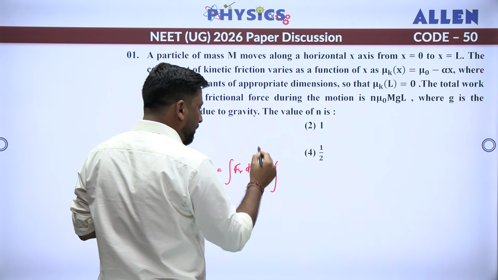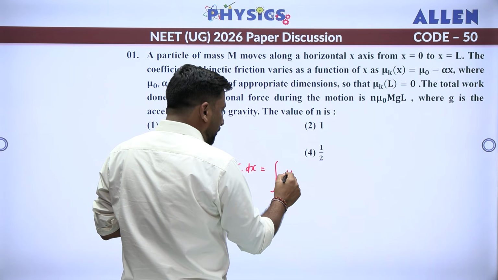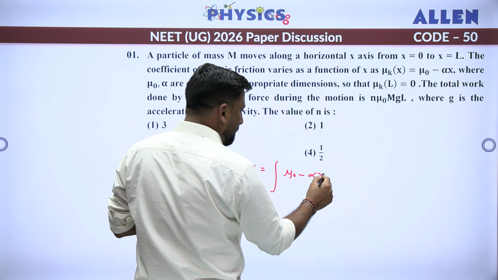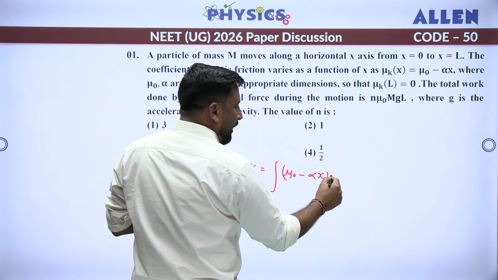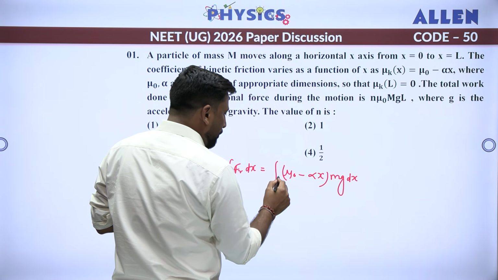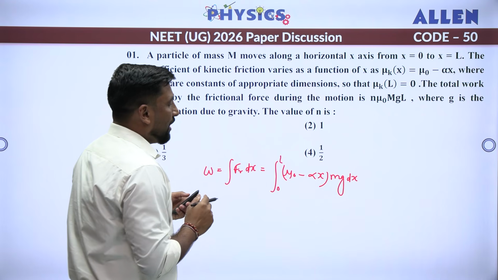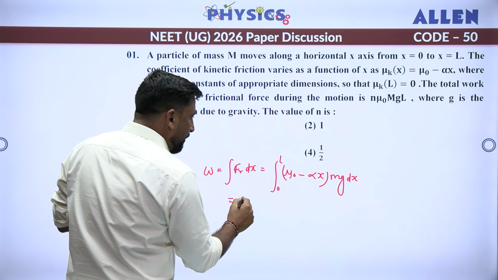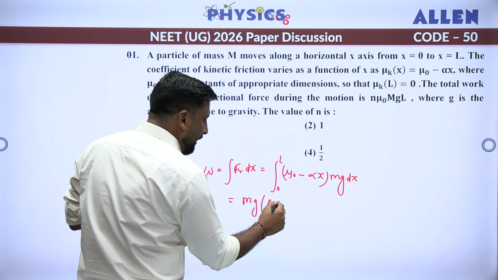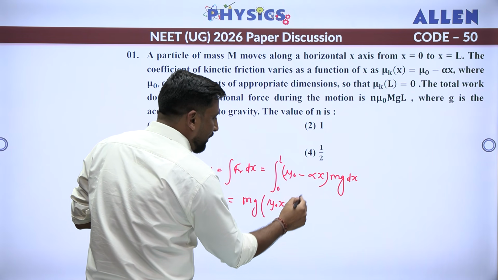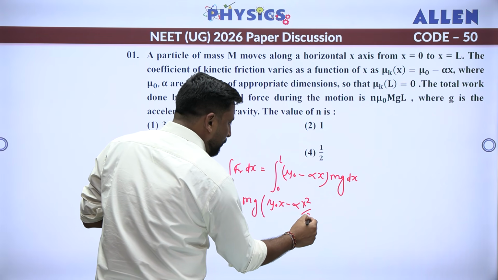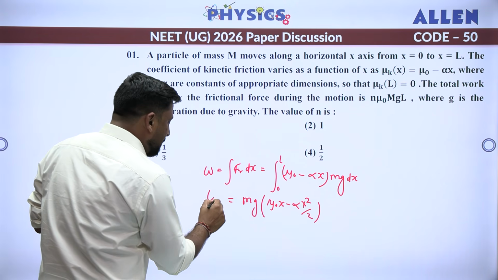We know that F friction we can write as (mu naught minus alpha x), which is mu, times mg, the normal force, into dx, and we have to integrate it from 0 to L. After doing this, we are going to get mg times the bracket: mu naught x minus alpha x square divided by 2. So that is what we are getting as the work done.